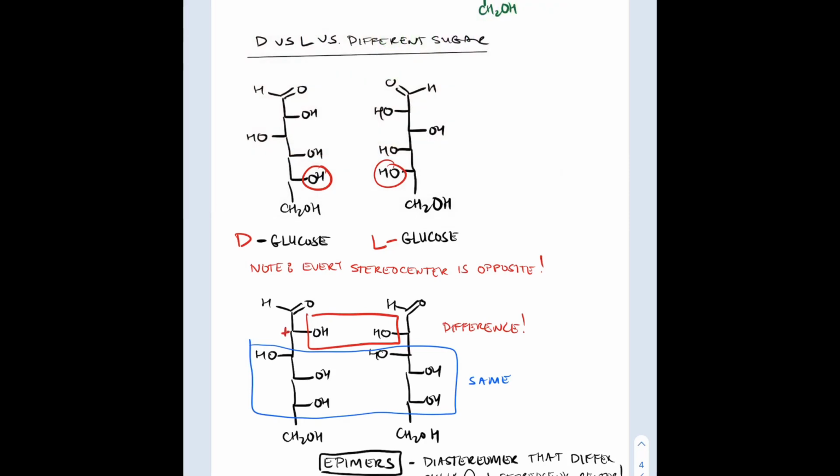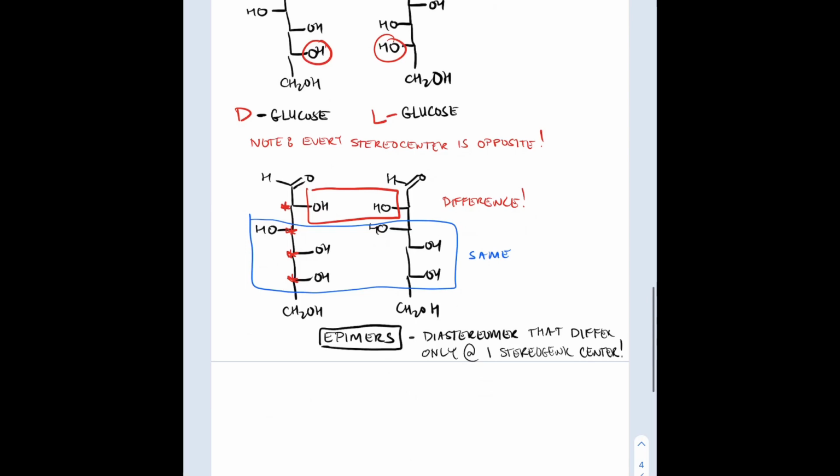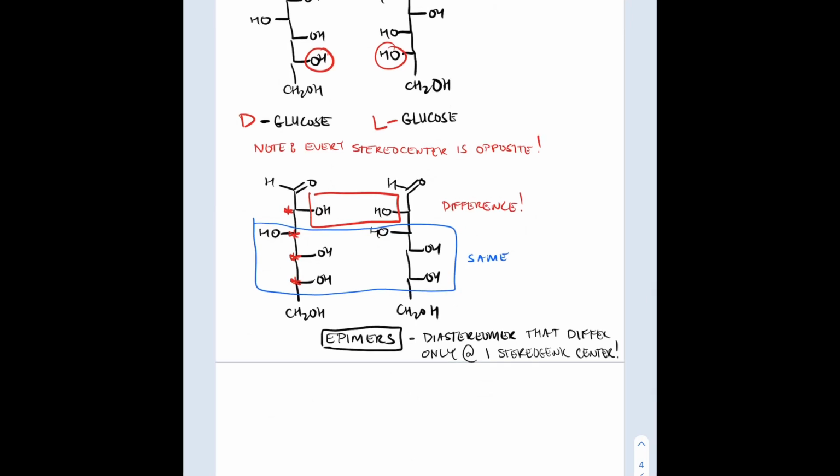Another thing, while we're on the topic of chiral centers or stereogenic centers: remember that if we have n stereogenic centers, we can have 2 to the n possible isomers. In glucose, we have 4 stereogenic centers, so 2 to the 4th is 16 possible isomers.